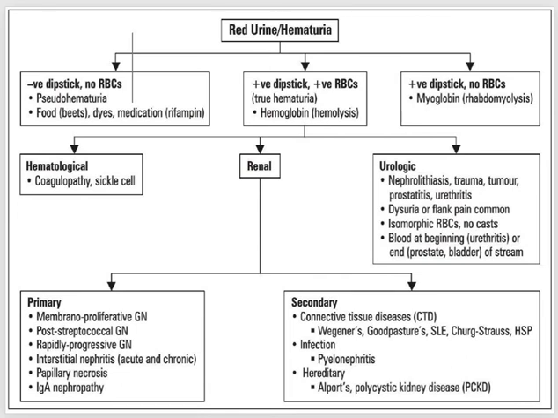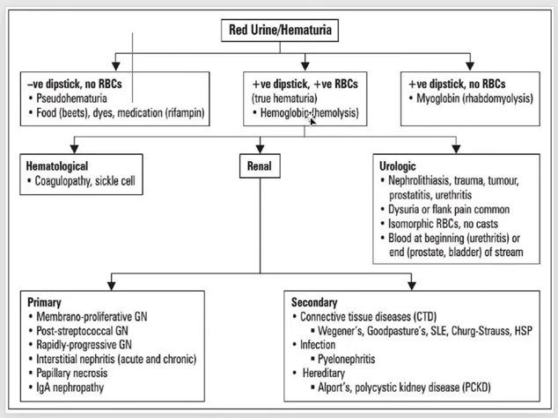So, there can be three scenarios. Number one, the dipstick shows no blood, and when you check with the microscope there are no RBCs, but the urine was red. The other scenario is the dipstick was positive, and under the microscope you found the RBCs as well, which is basically true hematuria.